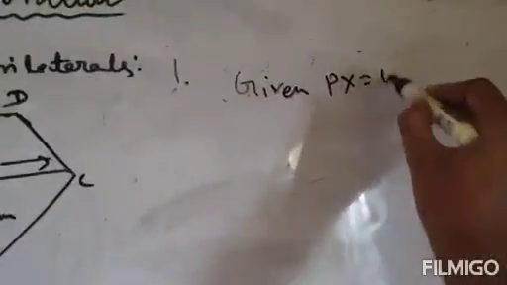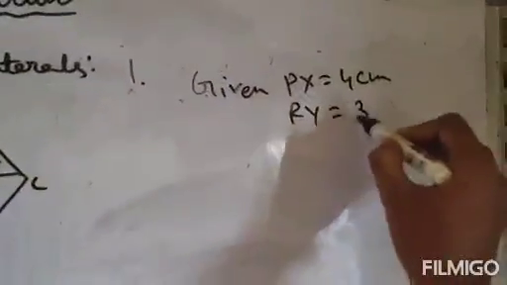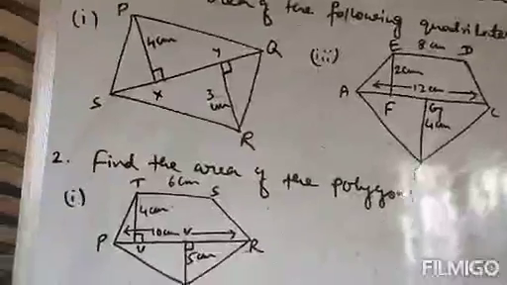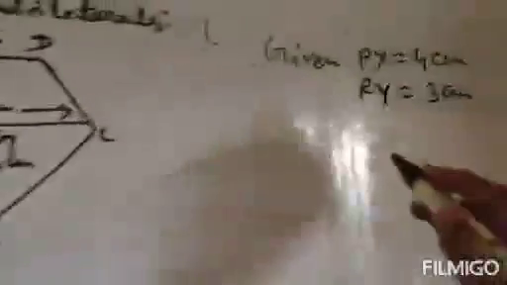Given PX equal to 4 centimeter, also RY equal to 3 centimeter, and SQ is not given. SQ is the diagonal, its length should be given.